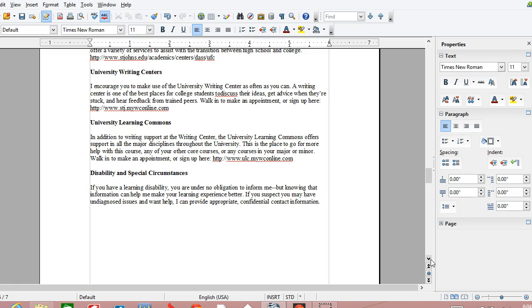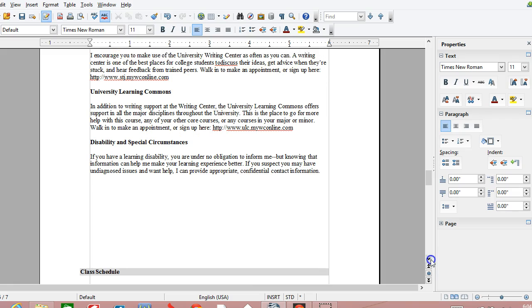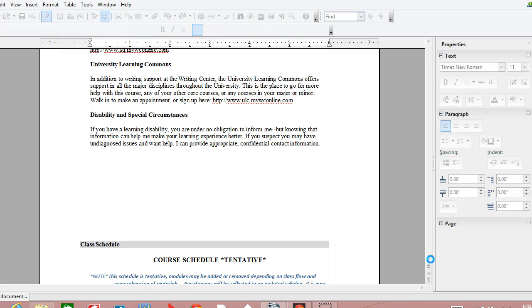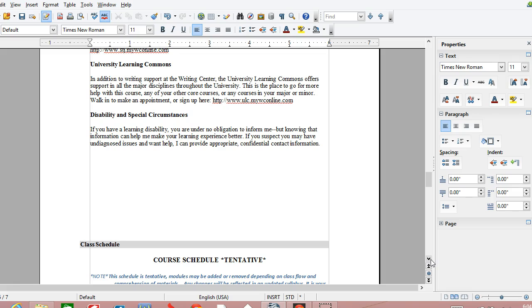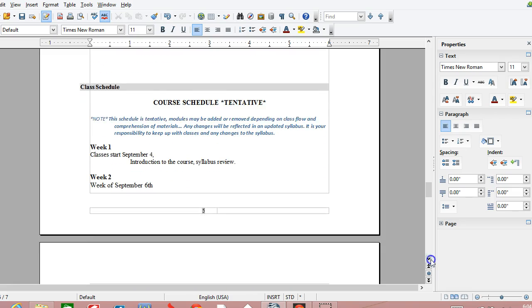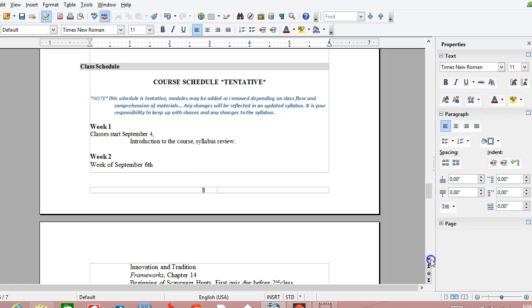The Learning Commons, the Tutoring Center, and Disability and Special Circumstances. If you have a learning disability, you're under no obligation to inform me, but knowing that information can help me make your learning experience better. If you suspect you have undiagnosed issues and want help, I can provide appropriate confidential contact information.